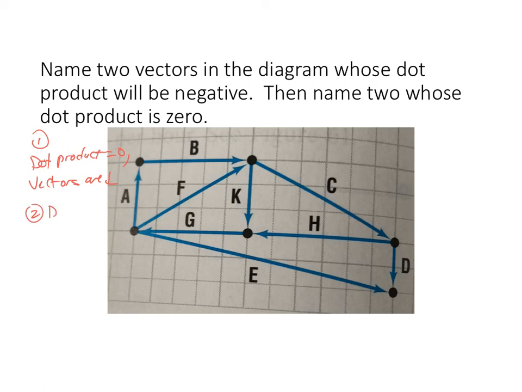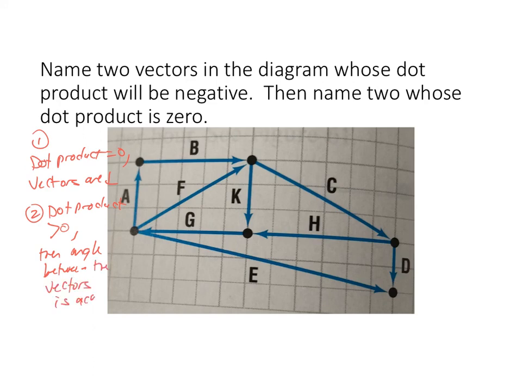The second is if the dot product is greater than 0, then the angle between the vectors is acute.